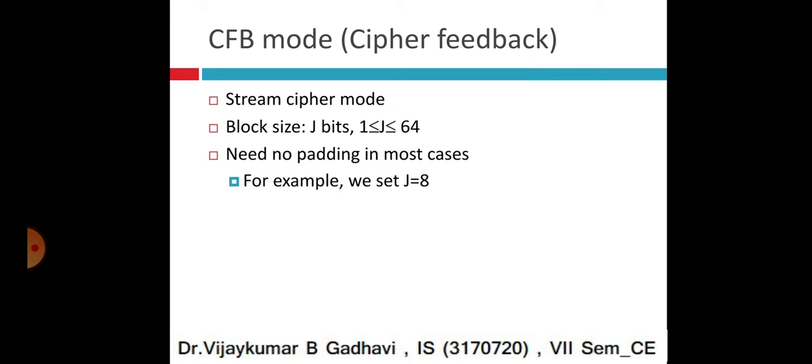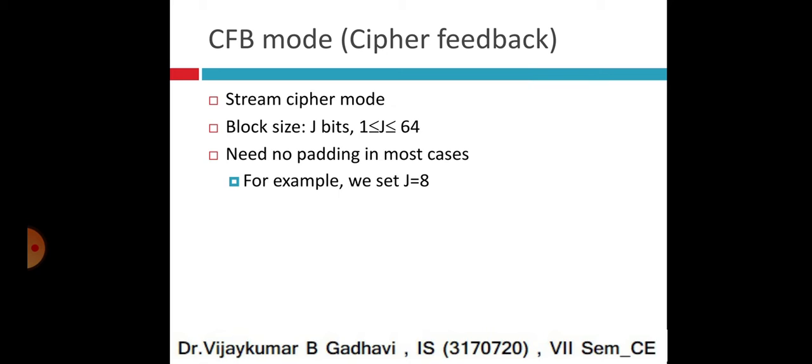This is one kind of encryption technique in which transposition and permutation processes are entered in a stream cipher. Here we see block size J bits, where 1 is less than or equal to J and J is less than or equal to 64.